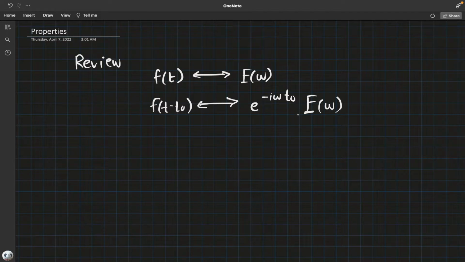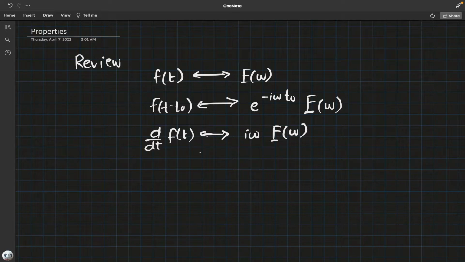This is not an e, this is an f with an underline on it. And then the derivative of f of t was i omega f of omega. And we also proved these things.